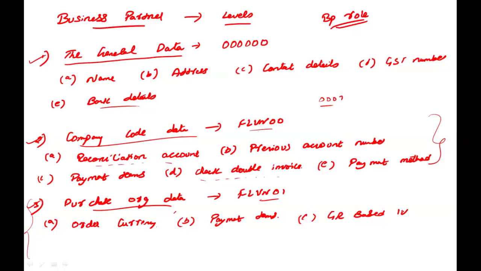So let me explain that. Sorry. Let me go to the other sheet. Let me explain this GR-based invoice verification a bit, because this is very important for both finance and procurement.